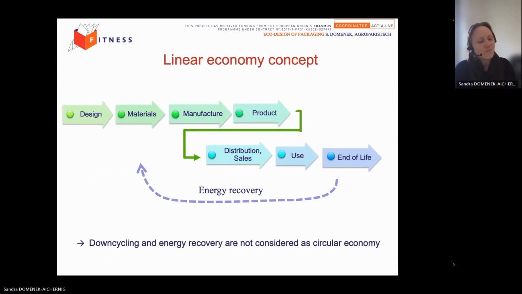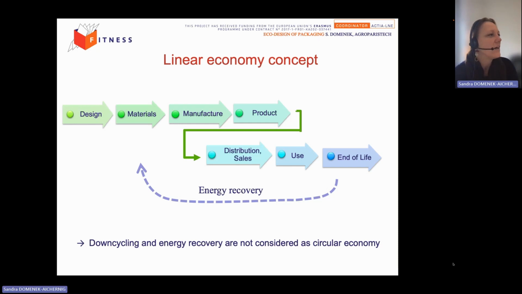So one of the main drivers of all these policy pushes was that the European economy wants to shift from a linear concept towards a circular economy concept.